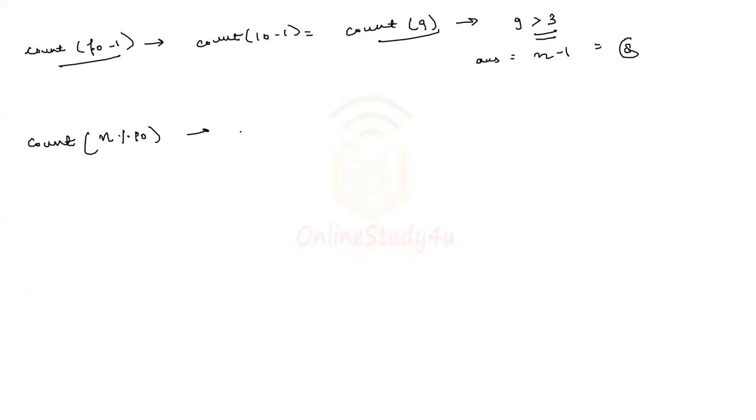When you divide the number by the power of 10, 45 mod 10, the remainder will be 5. Got it? For 5 also we apply n minus 1, and your answer will be 4.